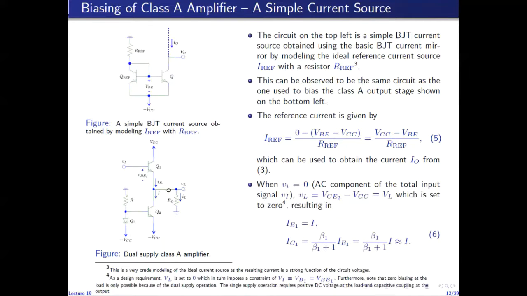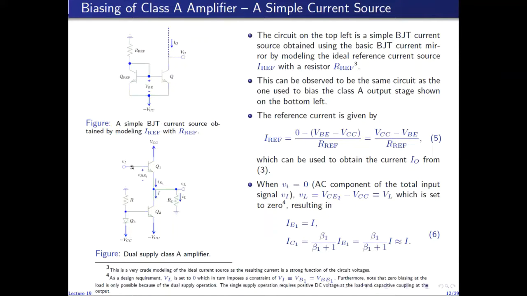So the voltage at this node is the voltage across the transistor Q2, that is VCE2, plus the voltage at the emitter, which is minus VCC. So when there is no signal applied at the base of Q1, then the voltage at the load is given by this expression, which is the DC value of VCE across Q2 minus VCC.